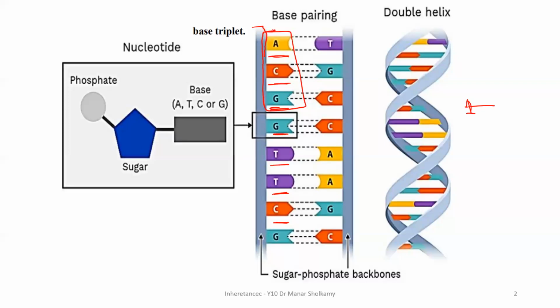One amino acid. It's not that every three is an amino acid. No. Every three codes for an amino acid. What does code for mean? It means that every three carries the message for the making of a particular amino acid. It is made in the ribosomes. So this is what I mean by the base sequence.